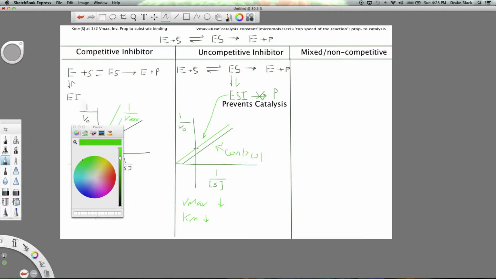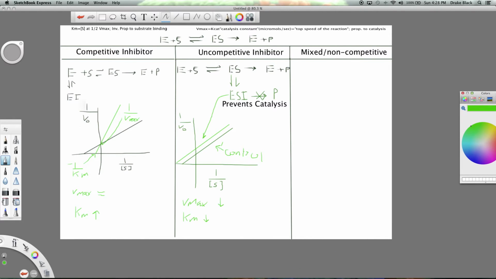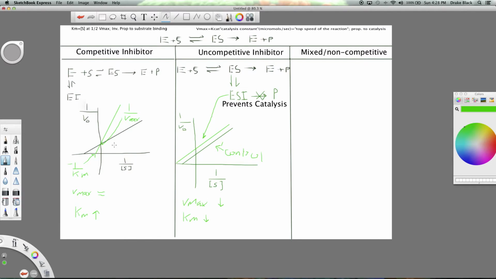It's easier to calculate things out of these graphs than with an asymptote or a sigmoidal curve. So it's much easier to calculate the Km, the Vmax, and honestly, to see what kind of inhibitor is going on. So you can tell just by looking at these graphs that different inhibitions are going on.